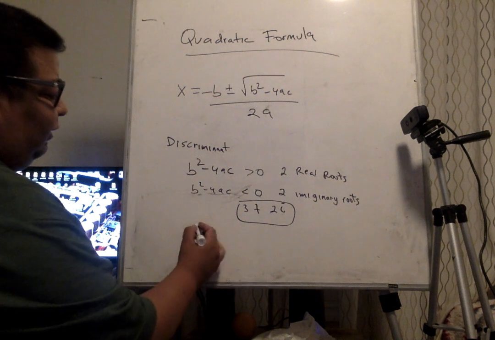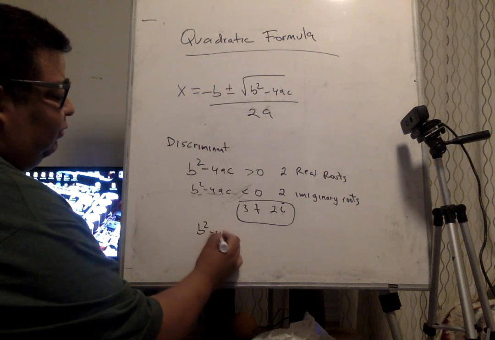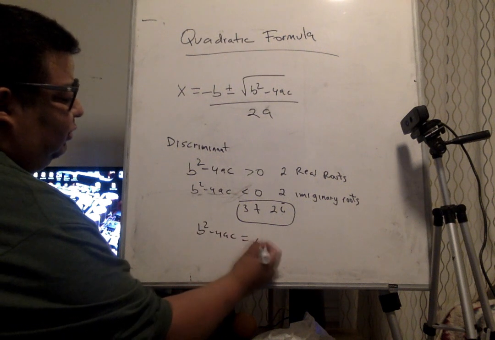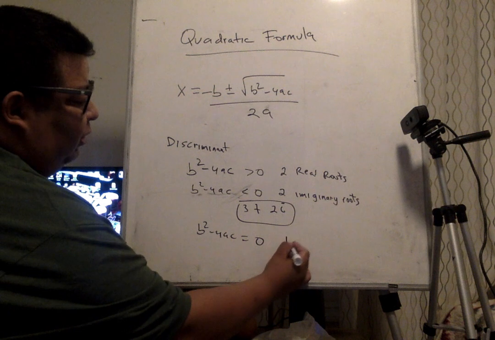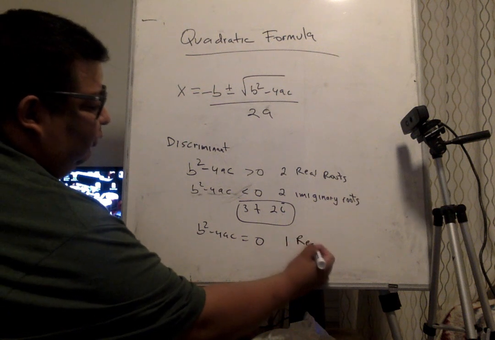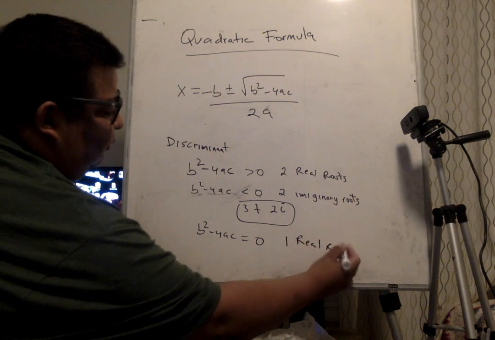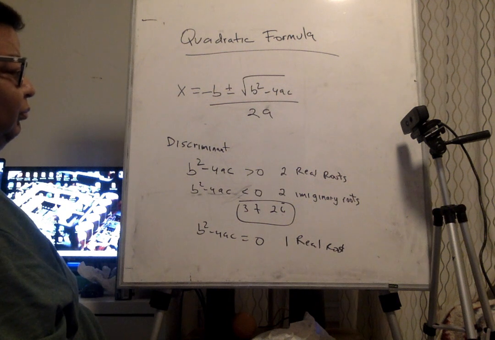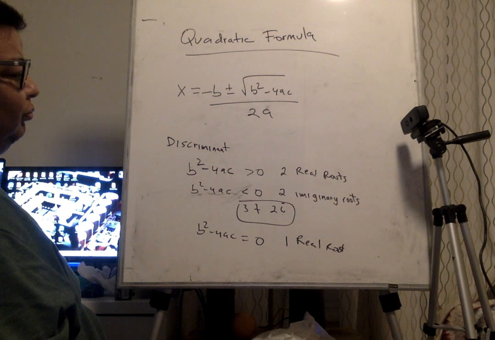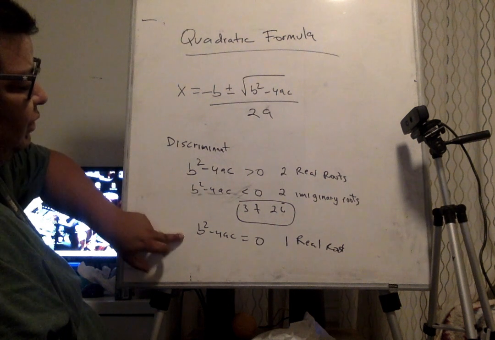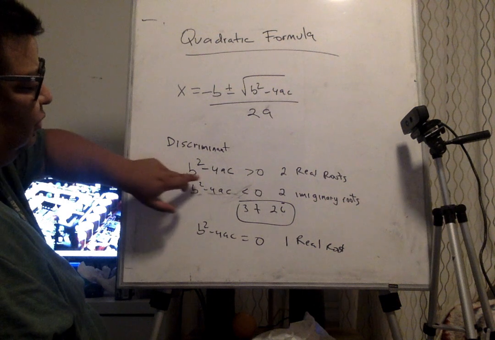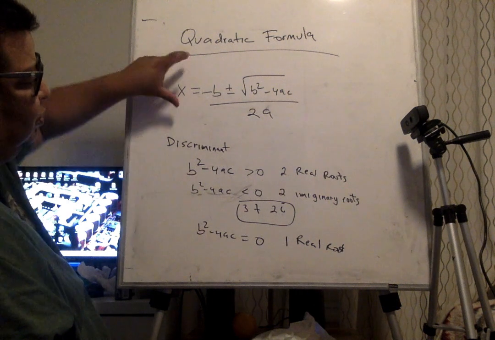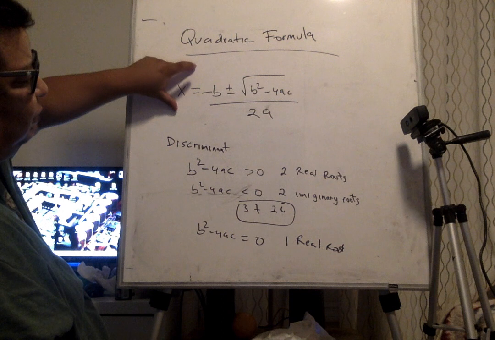And if b squared minus 4ac equals 0, then you have 1 real root, only one repeated root. So this test, when you compute b squared minus 4ac, will tell you how many solutions you're going to get with the quadratic formula.